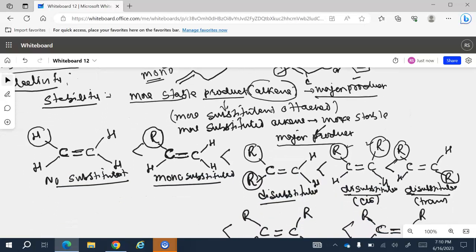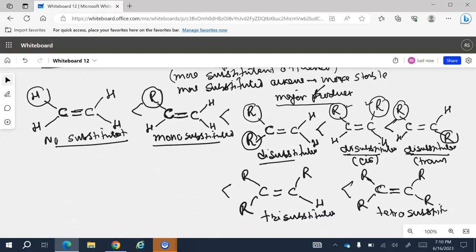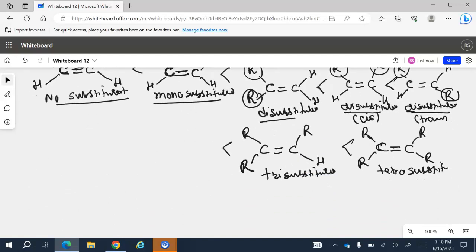Okay, so this discussion we can extend and discuss it as a rule. We call that Zaitsev's rule.